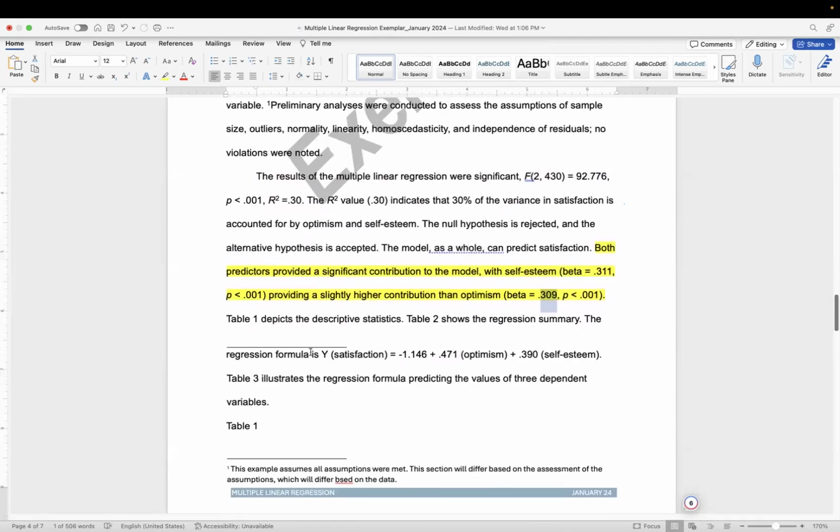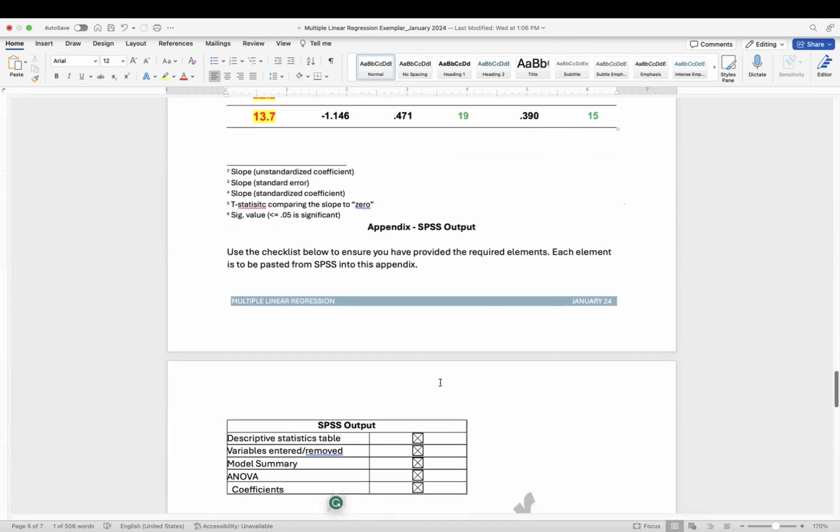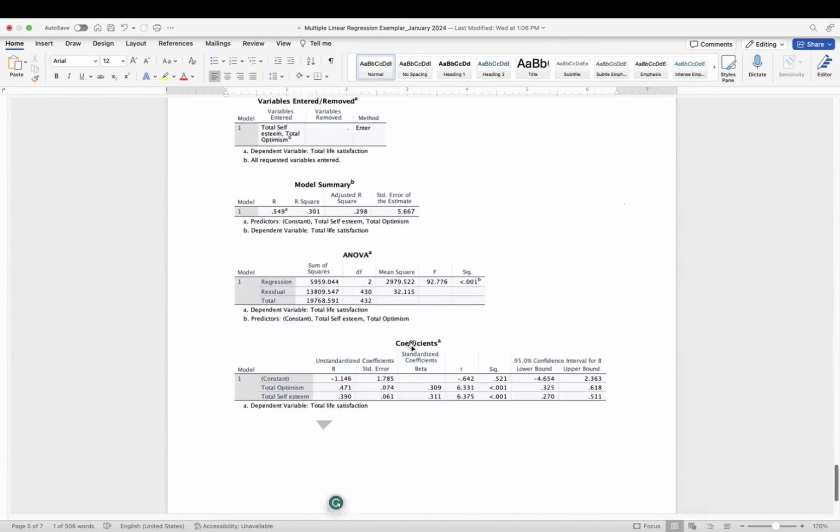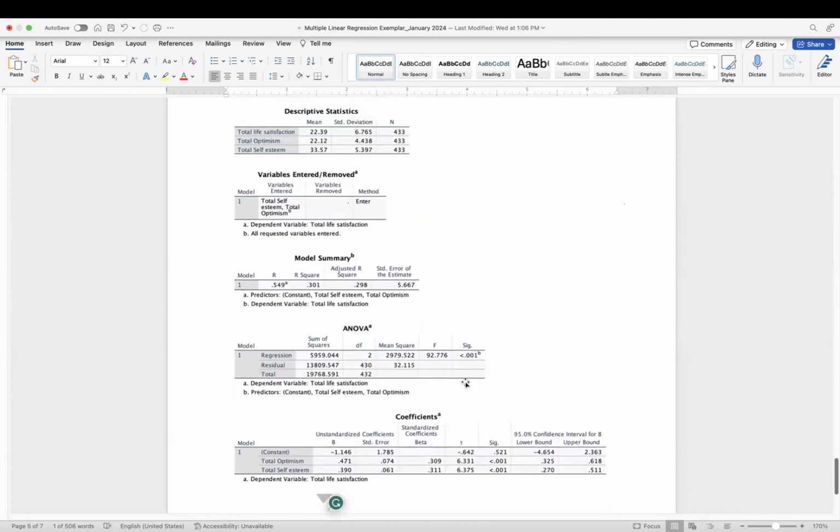Okay, I don't know. And again, here's the regression formula, you see? And remember, these are all the slopes for the particular variables that would align with the output here, you see? So I'm going to give you this document also as a resource tool to help you.